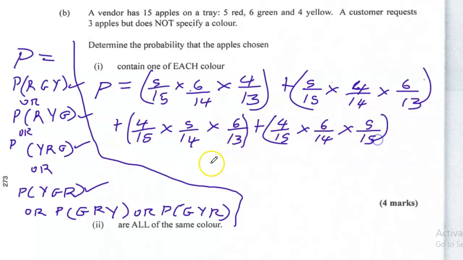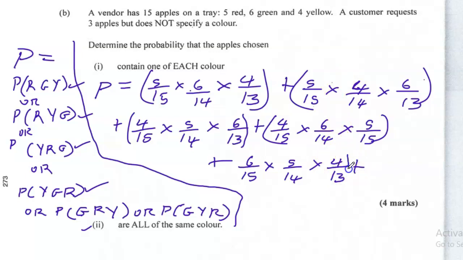Alright. Plus it's green, then red, then yellow. So green 6 over 15. And when the one comes out, you're left with 14 now. So red, 5 over 14. Yellow, 4 over 13.